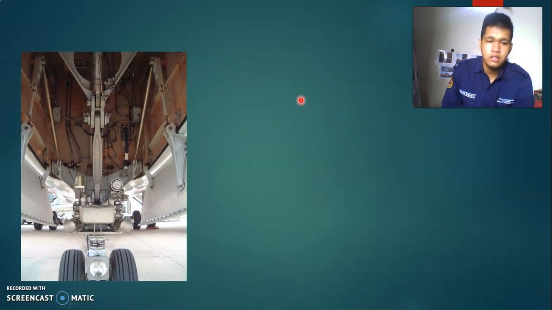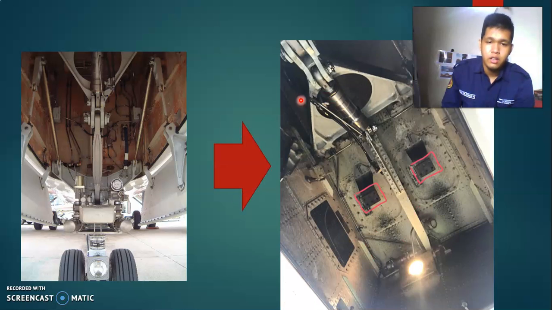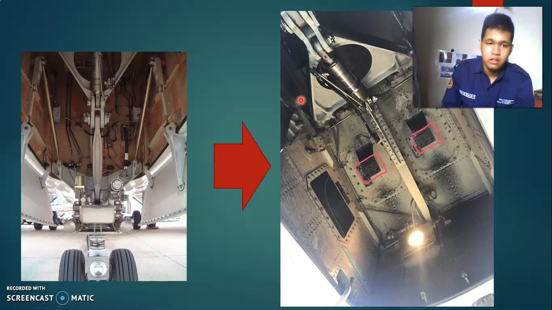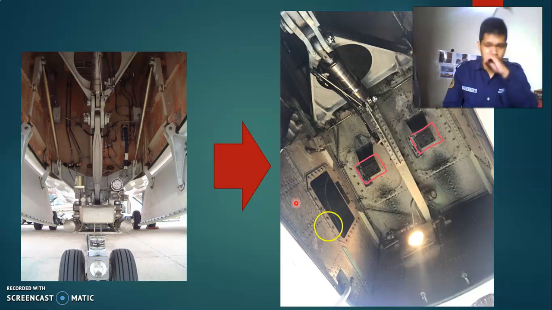This is a real picture of the nose landing gear wheel well. We see this as corrosion. So the task card is released to clean this, the plumbing, the clamps, to make sure all of this is clean.